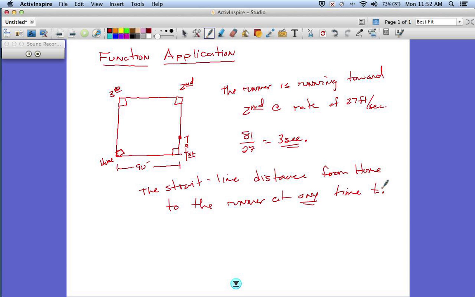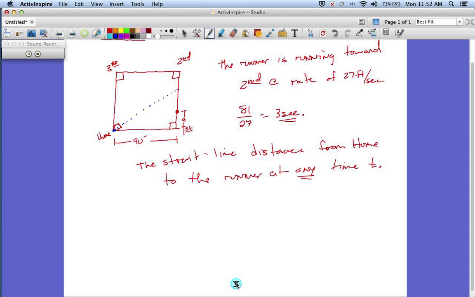Which means I don't know if time is 1 second, 2 seconds, 1.4, 2.7. It's t. I need to find the distance from here, where the catcher is, to where the runner happens to be. I don't know if no time's gone by, or 1 second's gone, or 2 seconds, 3 seconds. I want to find the distance he is at any and all times.